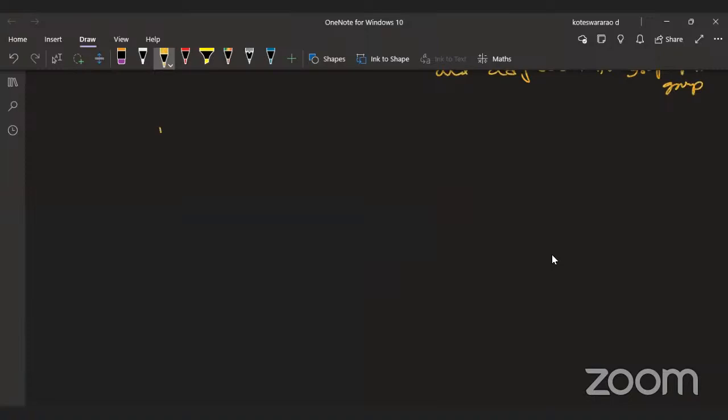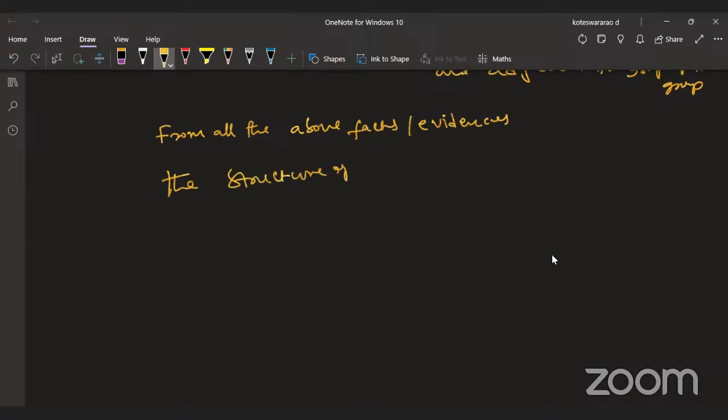From all the above facts or evidences, the structure of camphor is written as two possible structures.